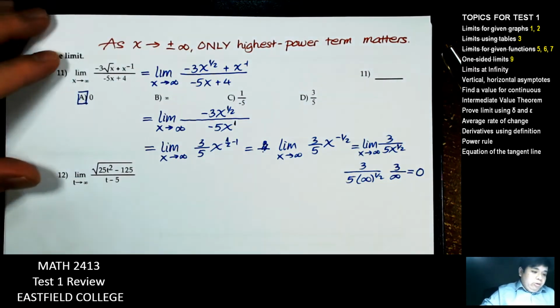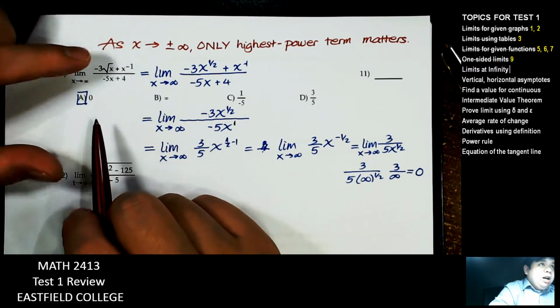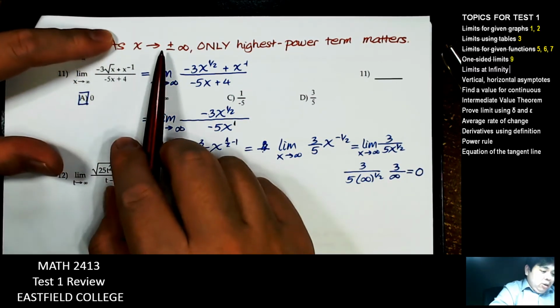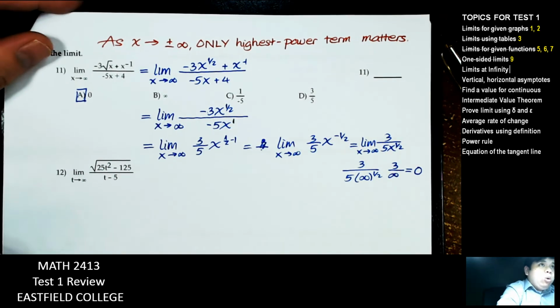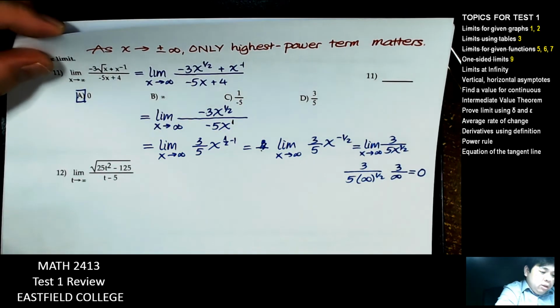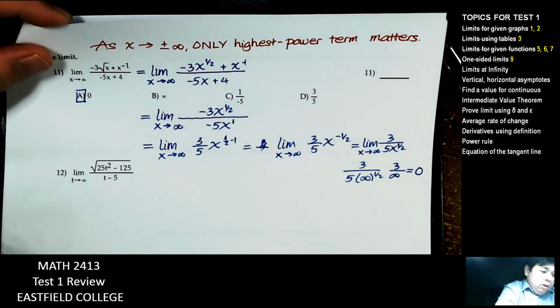Right. So the first one in the infinite limit is this. When x goes to infinity or negative infinity, only the one with the highest power term matters. Right.